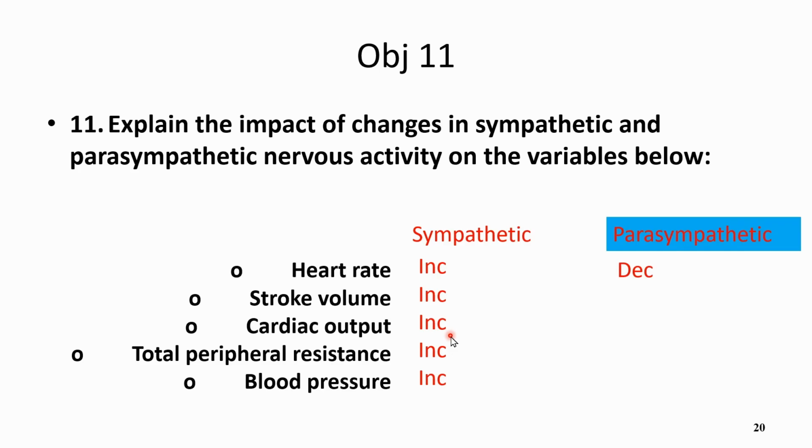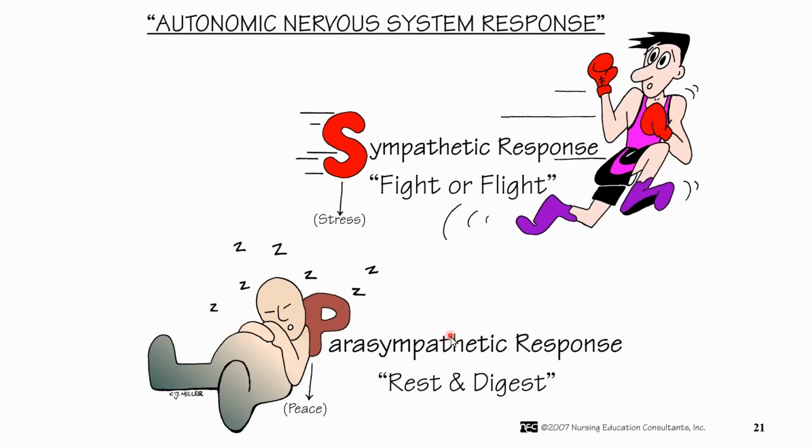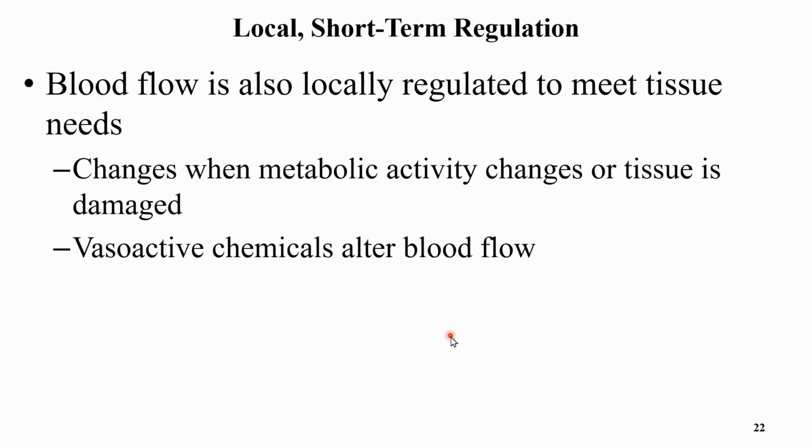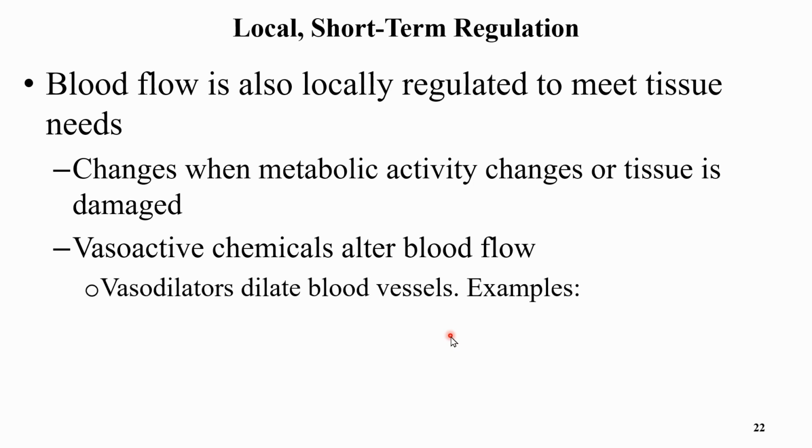Heart rate goes down. I'd like you to figure out the rest. Some other things control blood pressure. It's not only epinephrine and acetylcholine. Local metabolic activity also changes blood pressure, and so do chemicals that are released into the blood from other sites.